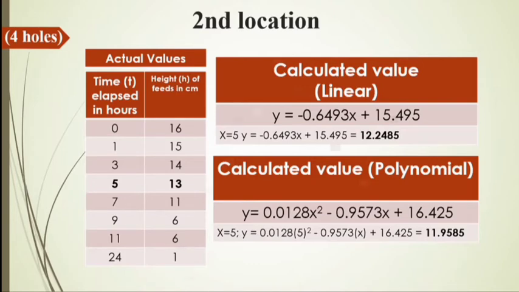Then for our polynomial, we have y is equal 0.0128x squared minus 0.9573x plus 16.425. If x is equal 5, then the calculated value for our polynomial is 11.9585. So as we can see, same as our previous actual and calculated values, they only differ by points.